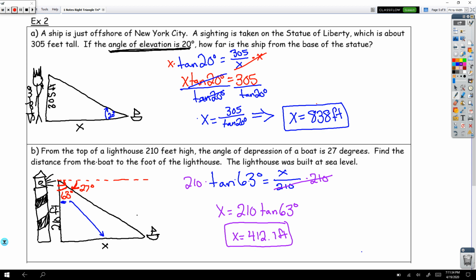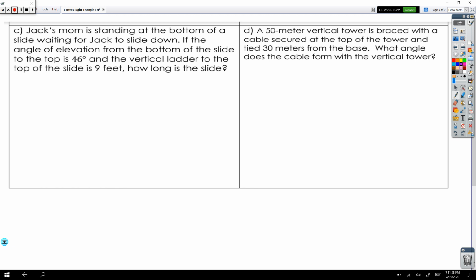All right. Couple more examples here. Alright, so Jack's mom is standing at the bottom of a slide waiting for Jack to slide down. If the angle of elevation from the bottom of the slide to the top is 46 degrees and the vertical ladder to the top of the slide is 9 feet, how long is the slide? So let's draw our picture here.